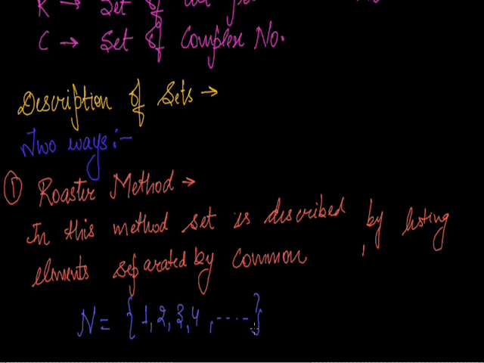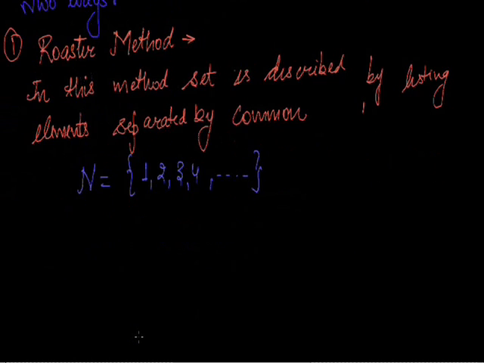This is the set of natural numbers and it is enclosed in curly braces. So in roster form, we write the elements separated by commas and in curly braces. So this form is called the roster form.